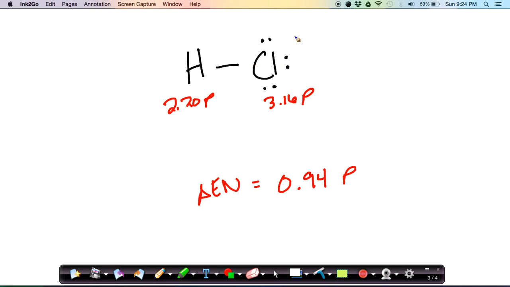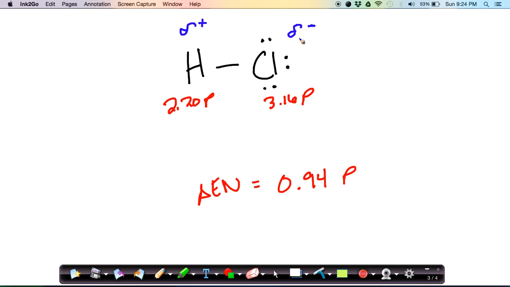So that's going to cause the chlorine to take on a partially negative charge. Not a negative charge. There's no transfer of electrons here, but there's enough separation of charge that there will be a partial negative charge on this end of that chemical bond, on this end of that molecule. And that's going to leave the hydrogen then with a partial positive charge.